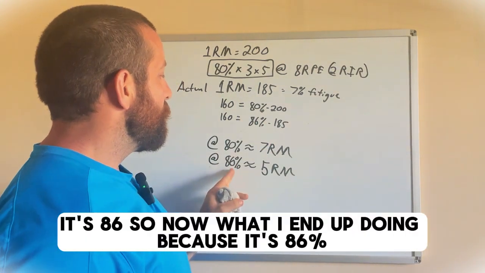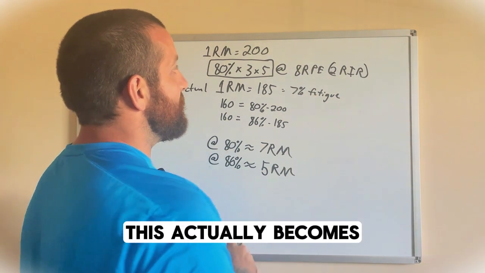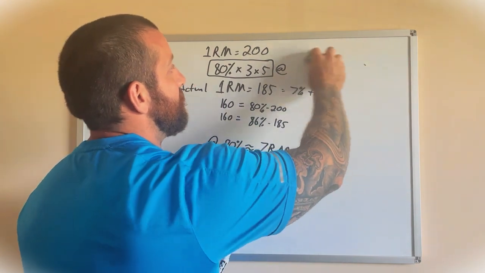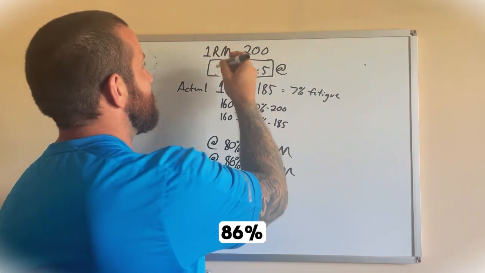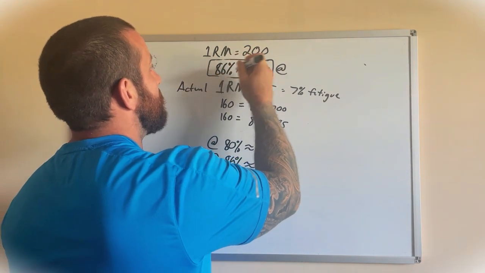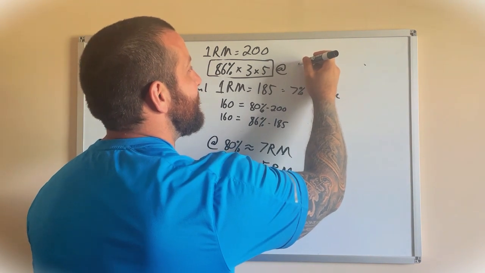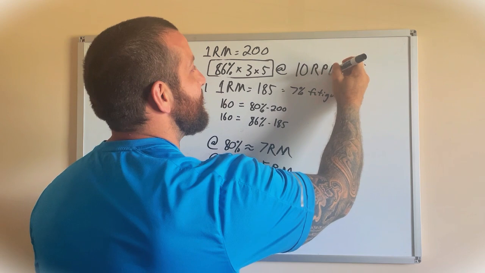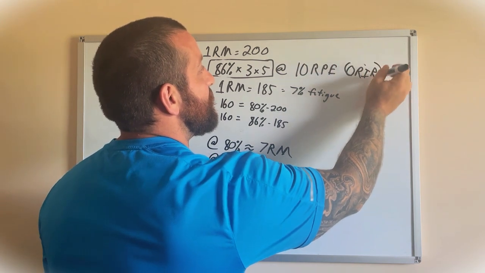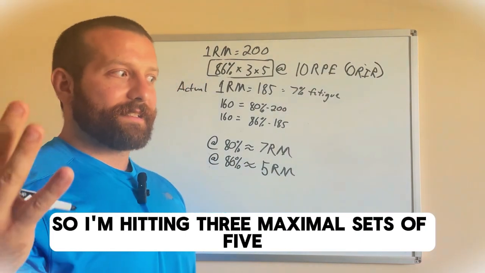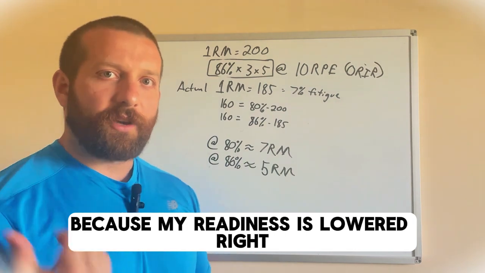So now what I end up doing, because this is 86%, is 86% times 3 by 5, and this is 10 RPE or 0 reps in reserve. So I'm hitting 3 maximal sets of 5 because my readiness is lowered.